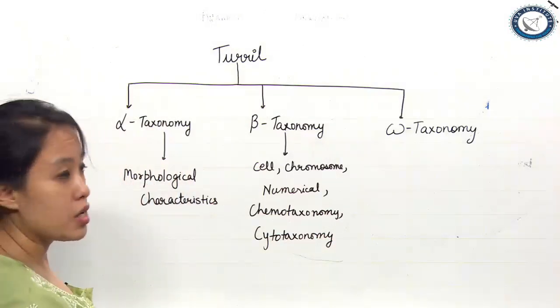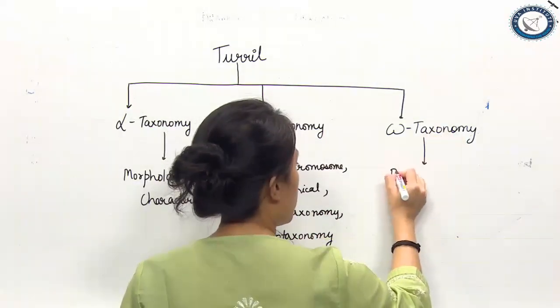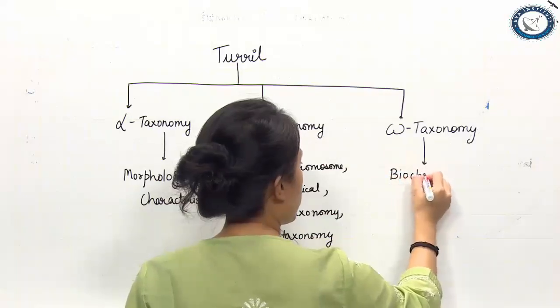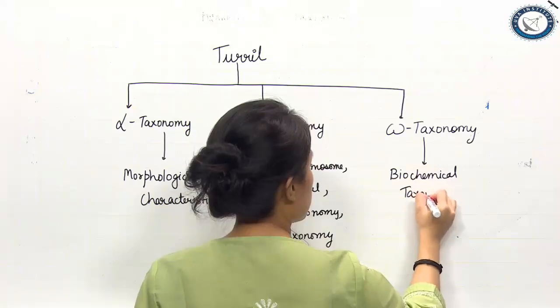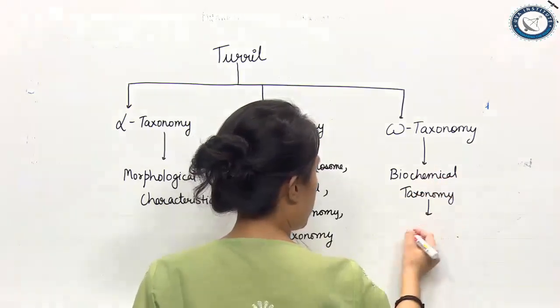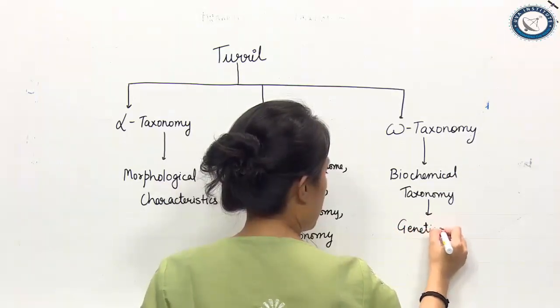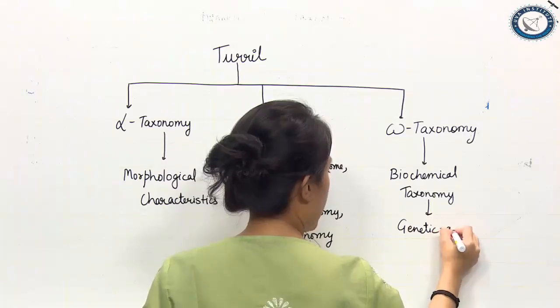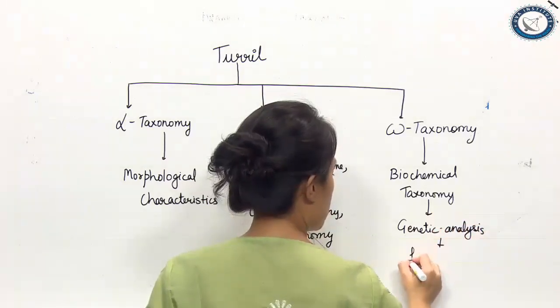And omega is the one which majorly deals with biochemical taxonomy, which is highly used in your genetic analysis or for further studies.